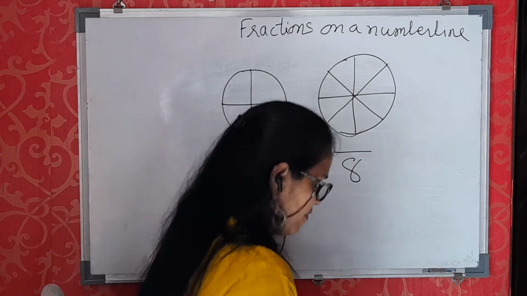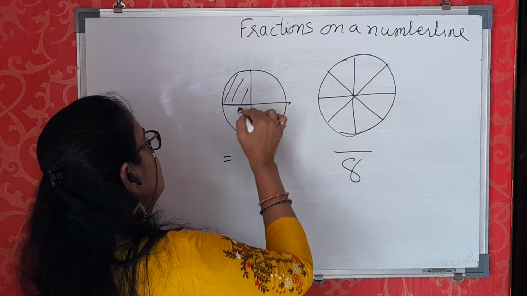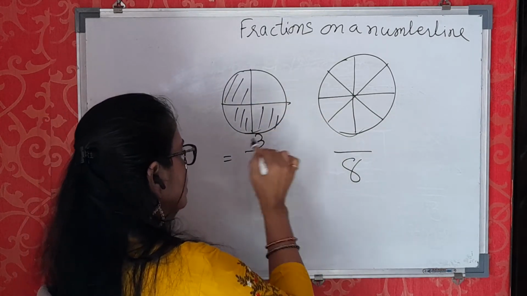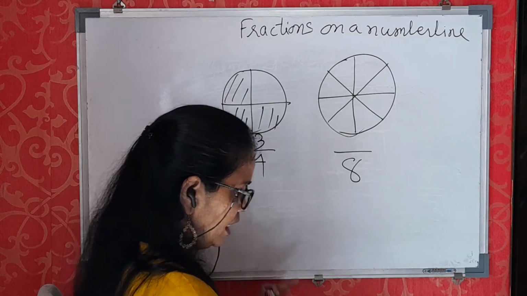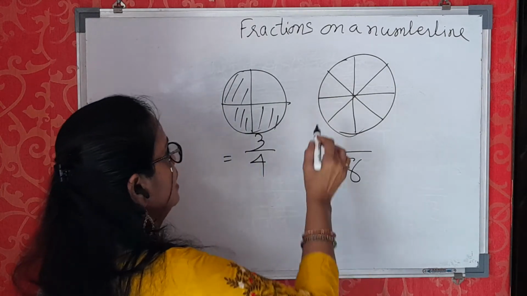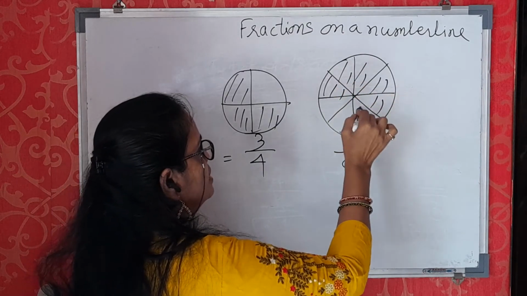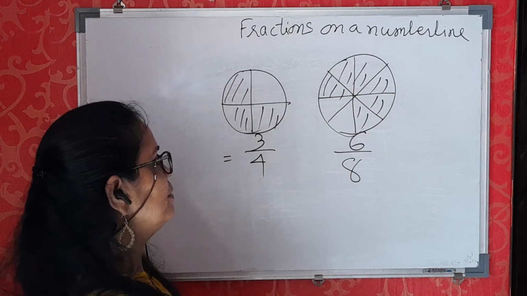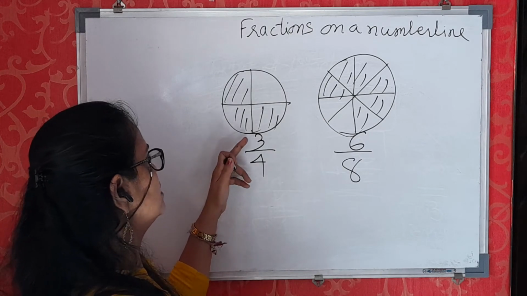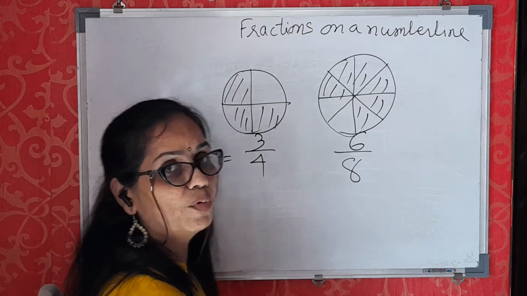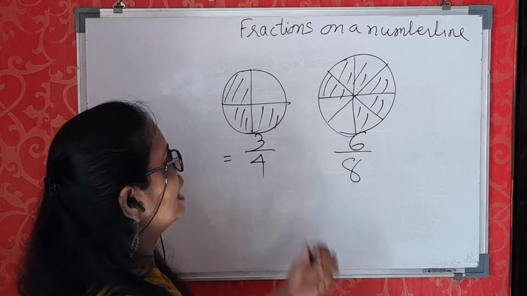Here if I am taking 3 upon 4, right? So here what will I take? How many parts? 6. Now you will be wondering, 3 upon 4 and 6 upon 8, how come they are equal?